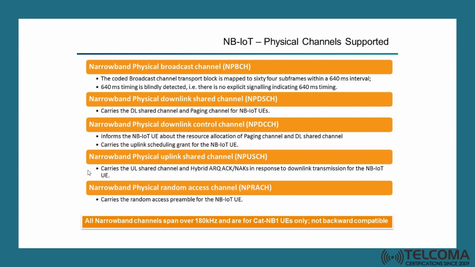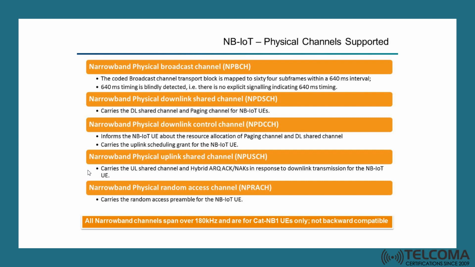How this NPBCH is done, I mean mapped: the broadcast channel transport block is mapped to 64 subframes within a 640 millisecond interval. The 640 millisecond timing is blindly detected. There is no separate explicit signaling or separate space to detect the 640 millisecond timing. The broadcast channel is blindly decoded.